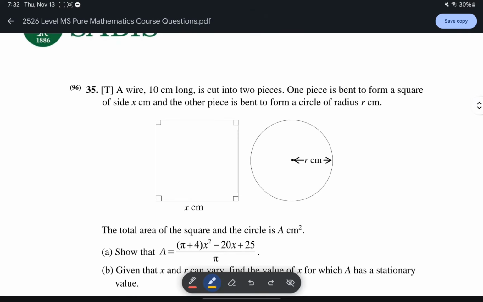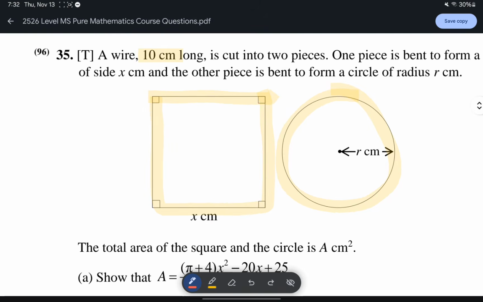Part A: show that A is this equation. We are given that the wire is 10 centimeters long. So that means this plus this equals 10, because we use this wire to make both of these shapes. So it's the perimeter of the square plus the circumference of the circle.